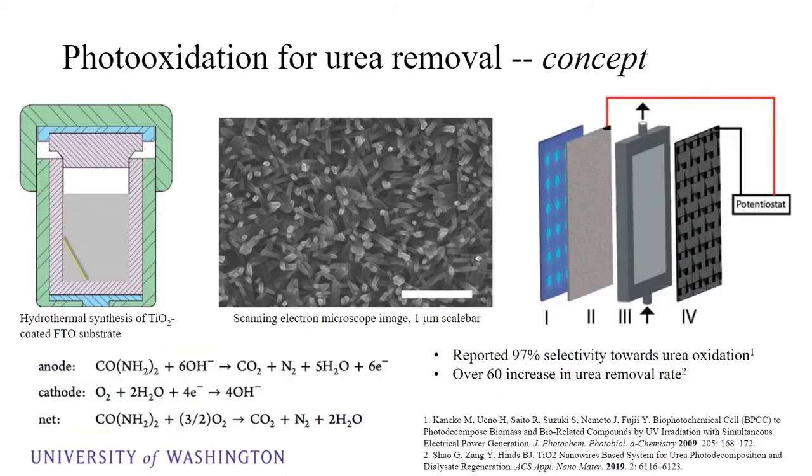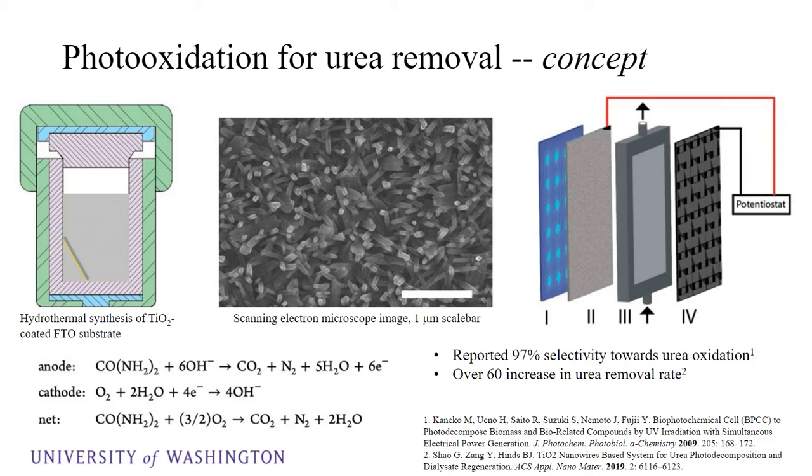So we decided to go down this path and do oxidation of urea, and we found a highly specific electrode, which is titanium dioxide coated FTO substrate. FTO is conductive glass. We found in the literature there has been reported 97% selectivity towards urea oxidation on TiO2 substrate.